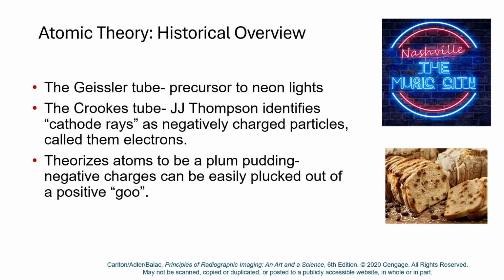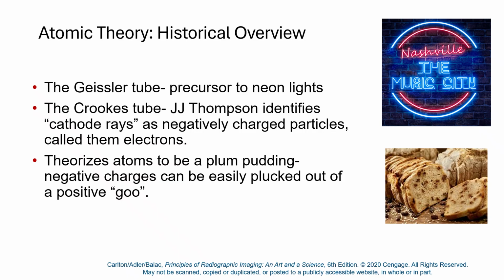Now Geissler's tube was kind of neat because he put in neon because he knew it was non-reactive, and he found that when he mixed the neon with air and reduced the pressure, he could get the entire tube to light up.